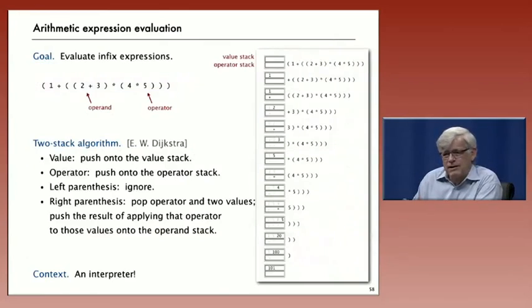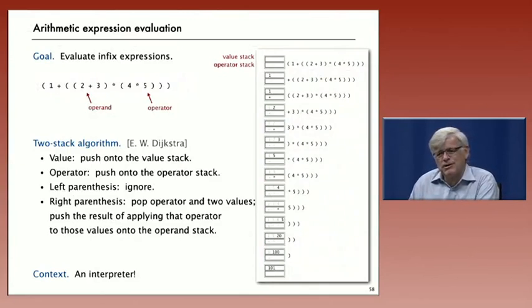So the goal is, you've got an arithmetic expression. This is just a simple stand-in for a program, and we'll talk about that in a second. But let's say arithmetic expressions, where you have operands and operators, and you want to evaluate it. And Dijkstra's algorithm is very simple to express.